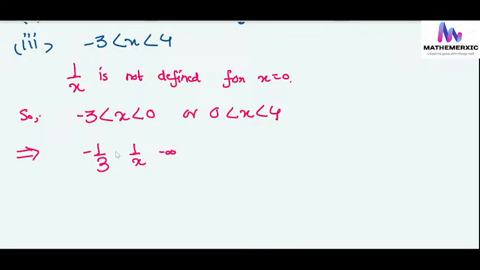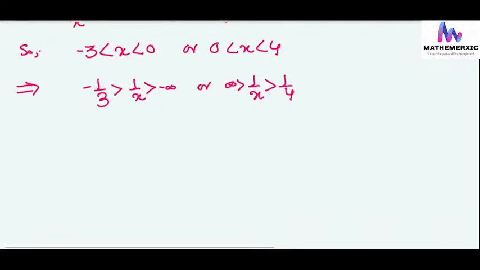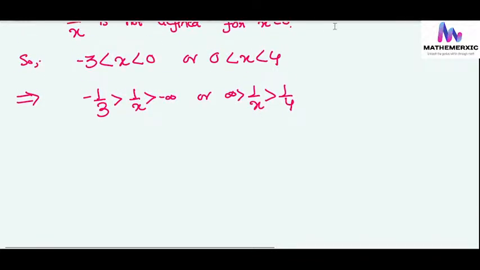So here it will be negative infinity greater than 1 by x, and that's okay. Or infinity is coming up here. 1 by x is there, 1 by 4 is there. It is obviously greater, but the sign is changed here. We have to understand why it has changed. Okay, so this is conceptual, and we have to understand the concept behind this.